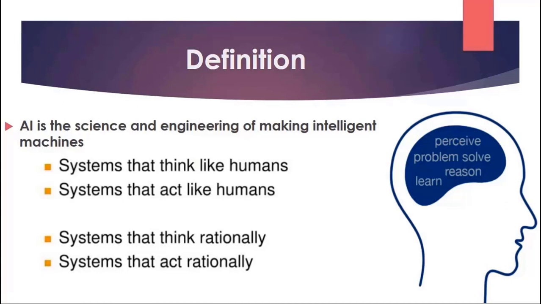So, these machines must be able to think like humans, act like humans, think rationally, and act rationally. So these machines must be able to perceive, gain experience, learn, reason, and solve problems.